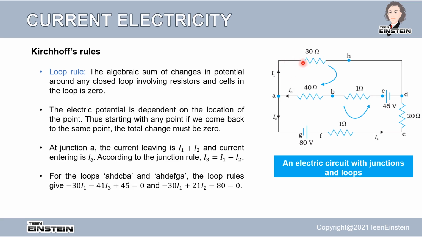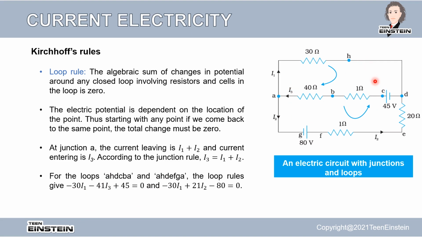When the current comes here, there is this 45, so we have a plus 45 here, and minus the total resistance of these two, which is 41, and the current flowing here is I3. So I3 multiplied by 41, which is equal to 0. The sum of the potential drops has to be equal to 0 in a closed loop.